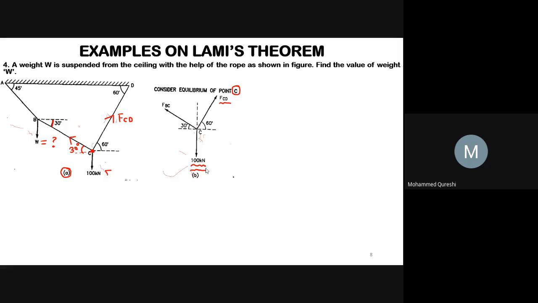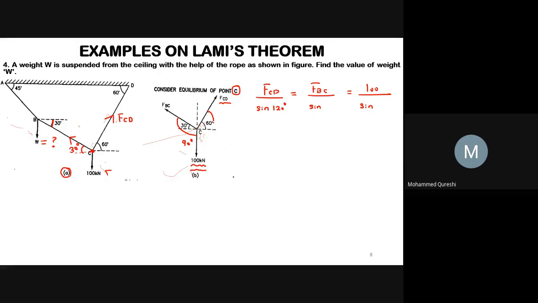So after plotting the free body diagram, we will go for Lami's theorem. FCD upon sine equals FBC upon sine equals 100 upon sine. For FCD, the angle between the other two forces is 30 plus 90, so you will get 120 degree.